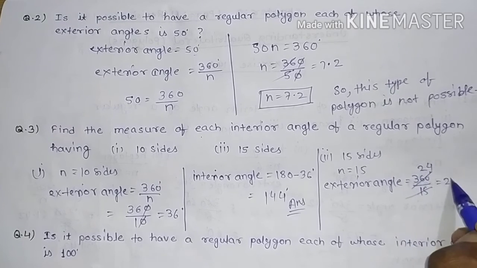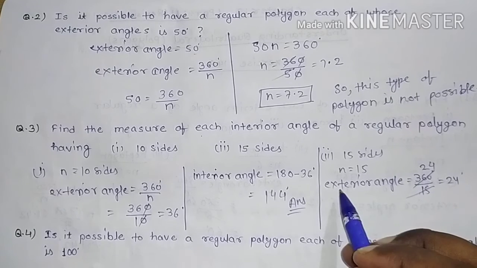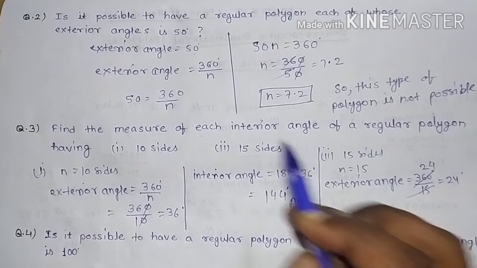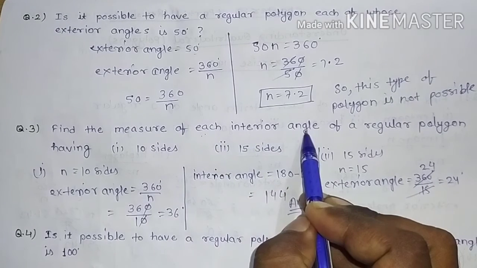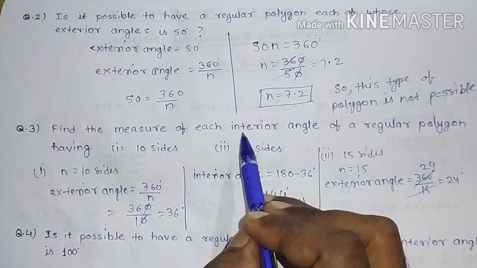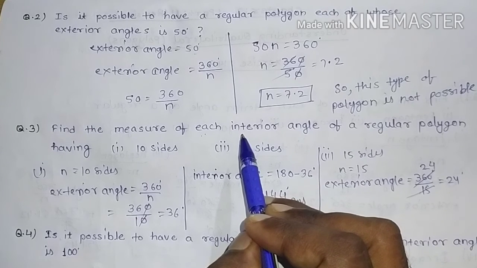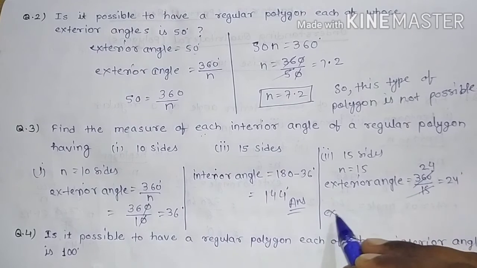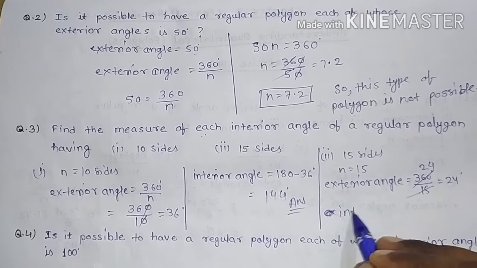So this is 24 degrees. Each exterior angle equals 24 degrees, and here we have to find each interior angle. We know that the sum of each interior angle and the exterior angle equals 180 degrees. So here we have to find each interior angle.